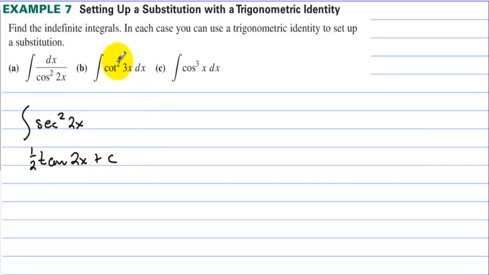On this one, it says cotangent squared of 3x. Well, we don't know the antiderivative of cotangent squared, so let's change this. If I had sine squared x plus cosine squared x, that's equal to 1, and I would need a cotangent. That's cosine over sine. So let's divide everybody by sine squared.